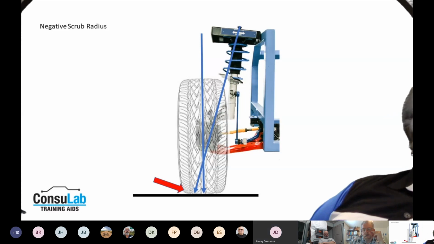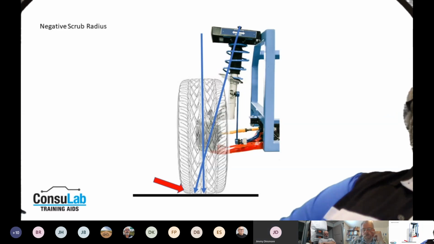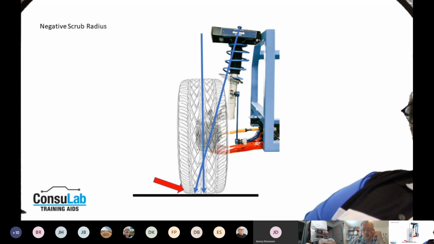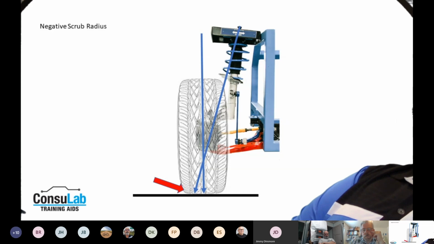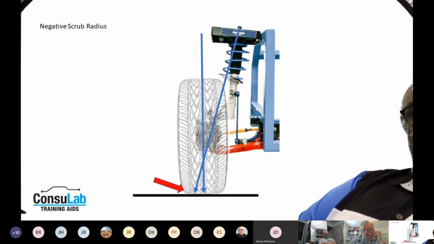Apologize for that. So negative scrub radius is the tendency for the tire to toe in. One of the reasons we did this was as we went into diagonal split braking systems, because we had the front wheels doing so much of the work, this actually tended to have the tire pull into the vehicle if we got into a system failure.